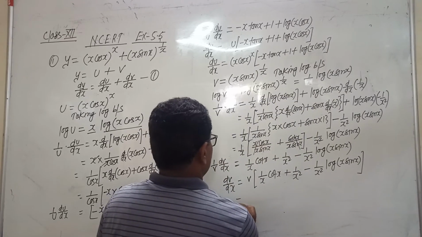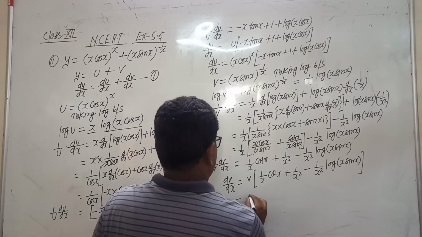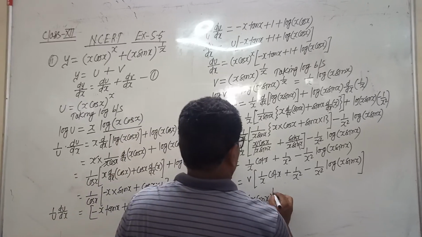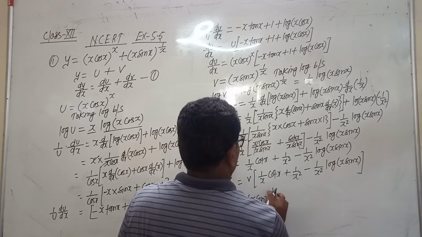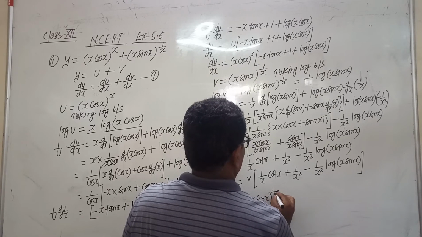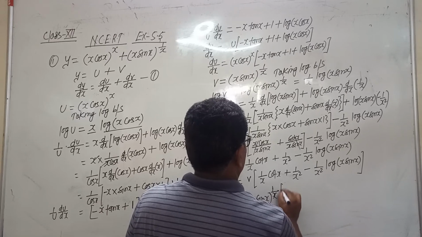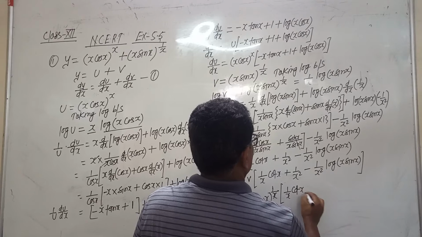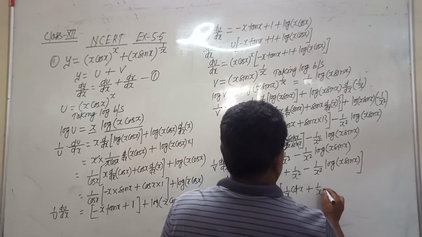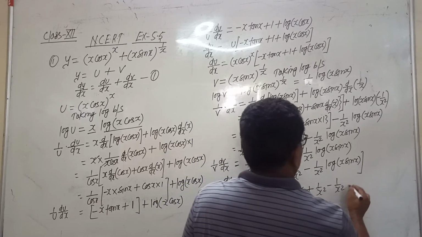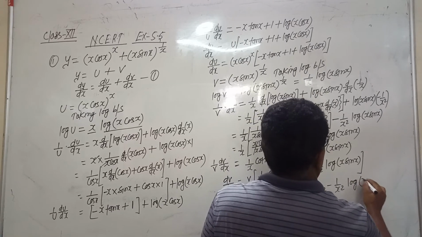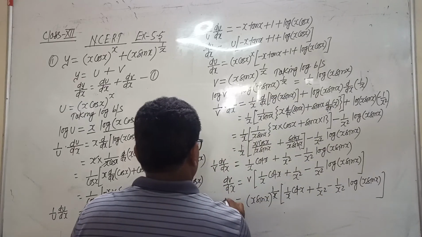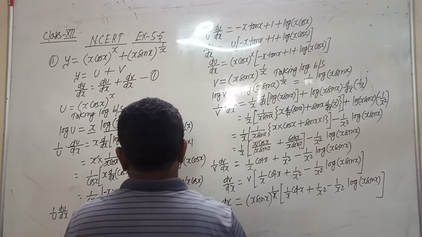The value of v is x sin x whole raised to the power 1 by x, so dv by dx equals x sin x whole raised to the power 1 by x, and 1 by x into cot x plus 1 by x square minus 1 by x square and log x sin x. So this we get dv by dx.